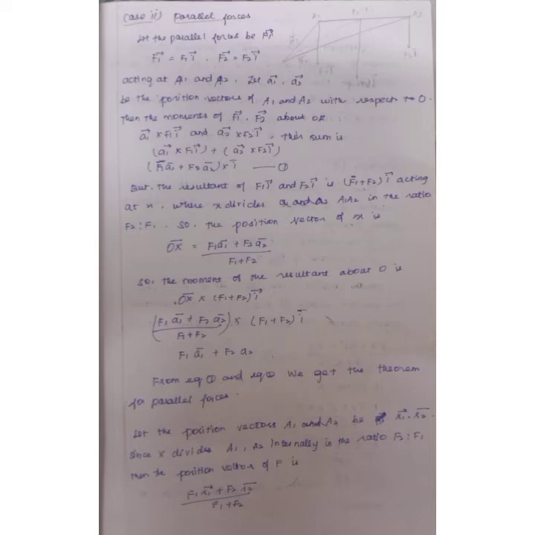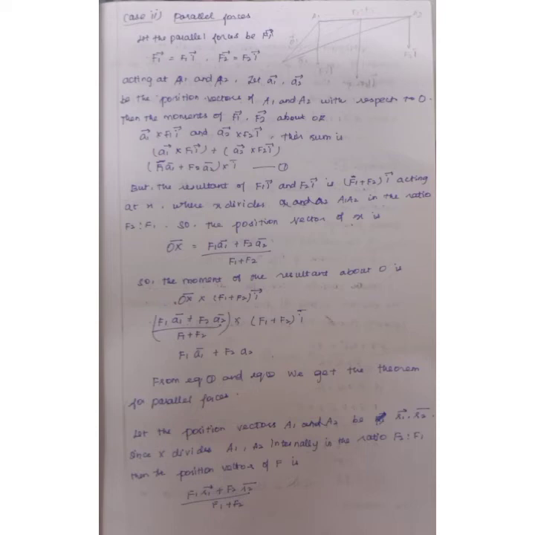Let small a1 vector and small a2 vector be the position vectors of A1 and A2 with respect to O. Then the moments of F1 and F2 about O are a1 vector cross F1 i vector and a2 vector cross F2 i vector. Their sum is a1 vector cross F1 i vector plus a2 vector cross F2 i vector.